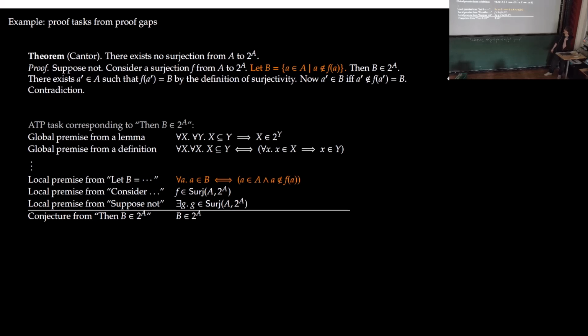And then finally, the thing I want to point out is that in the text, I'm defining B using set comprehension. So this is not first order. We have a set comprehension, and within that term, we have a formula. But of course, I can take an extensional view of B and translate this into this formula, and then I'm back in first order, and I can hand it over to the ATP that only understands first order.